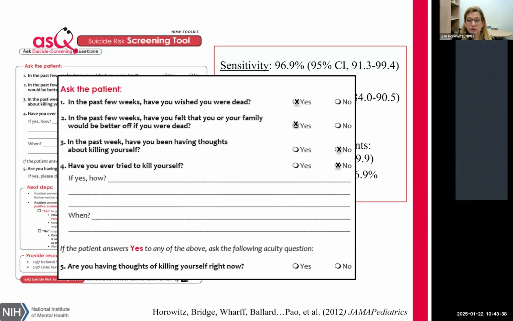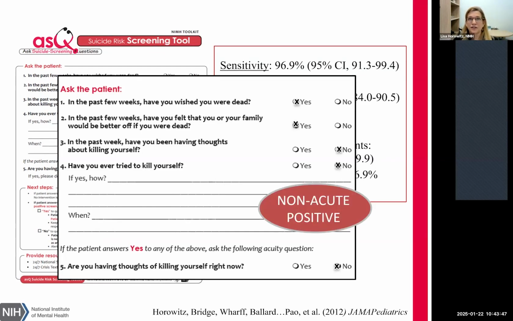So there's two ways to screen positive. If someone says no to this question, but yes to the above, they're considered a non-acute positive. I can tell you again from this data that 99.5% of positive screens are non-acute positive.